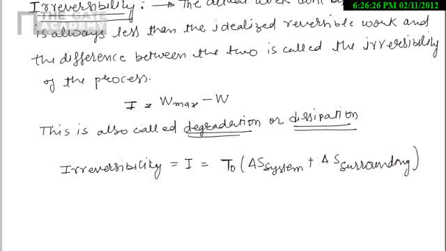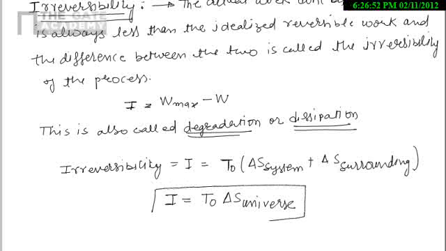So for calculating irreversibility, we have to sum up the entropy change for system and surrounding, and then multiply it with the ambient temperature. In simplified form, I equals T0 (del S system plus del S surrounding), which is nothing but del S universe. With the help of this formula, we can easily calculate the irreversibility.